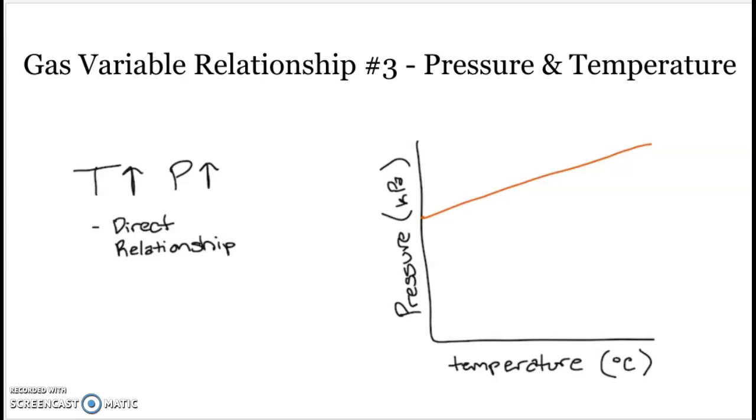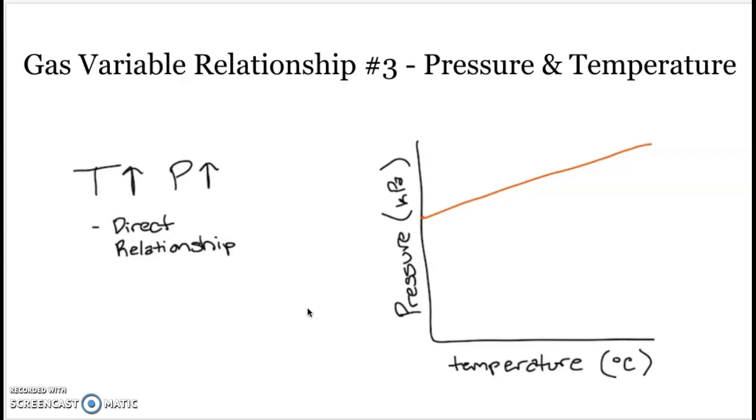However, you'll notice in this graph that when the temperature is 0 degrees Celsius, the pressure is not 0. Let's stop and think about this for a second. Pressure is all about the motion of particles and collisions. But at 0 degrees Celsius, the particles are still moving.